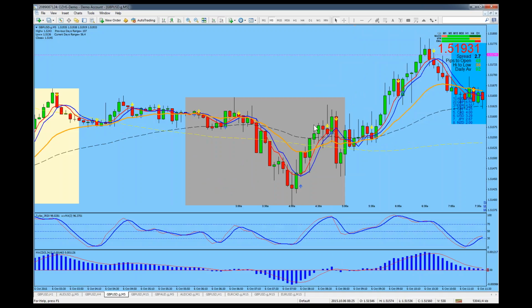I don't see any here. This trade would have been a 10 pip loser right here. But then you'd have no problem taking this one because now you're below all three of your guys, and now you've got your 10 back. So remember, you never panic on a trade that doesn't pan out.